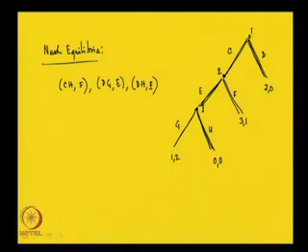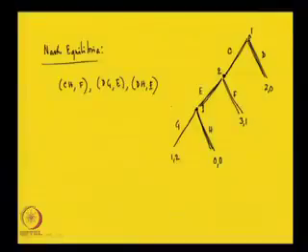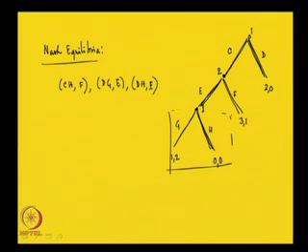Now, if I have to use the method of backward induction, then what do I do? I start with subgames of length 1. So, this is a subgame of length 1. In fact, this is the only subgame of length 1.